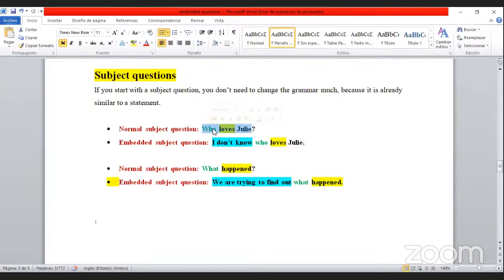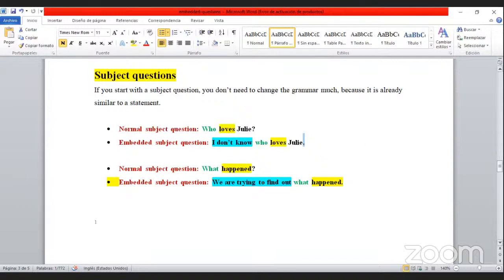So I am using only the WH and directly the verb and the complement. What happened in past? We're trying to find out what happened, okay? But we have to respect, if it's a subject, period. If it is an auxiliary like could, the question word, okay?